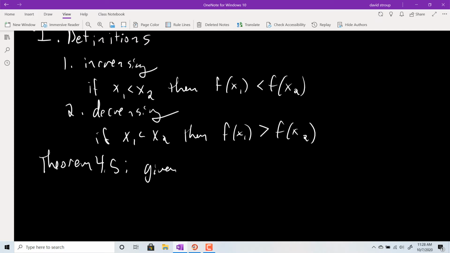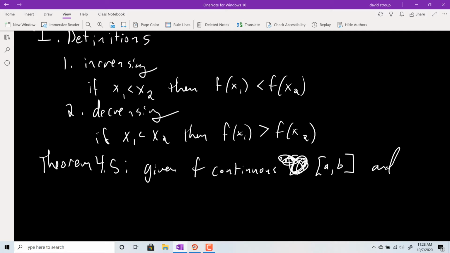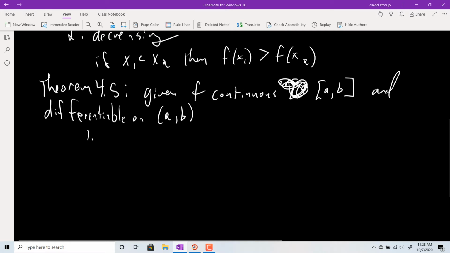So given f is continuous on the closed interval from a to b, and differentiable on the open interval from a to b, then if the derivative is positive, it means the function is increasing.